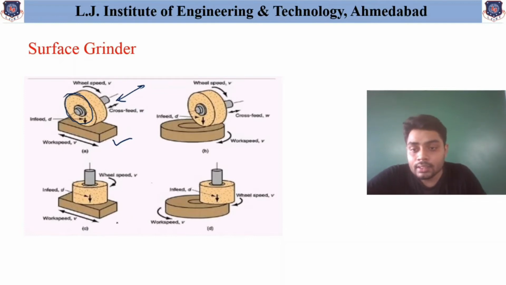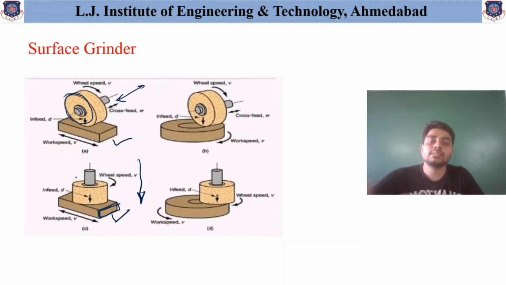Similarly, for this rectangular component, if the feed movement required is in the downward direction, and the length or width of this component is less than the diameter of the wheel, then this type of wheel is used and the machining is obtained easily.